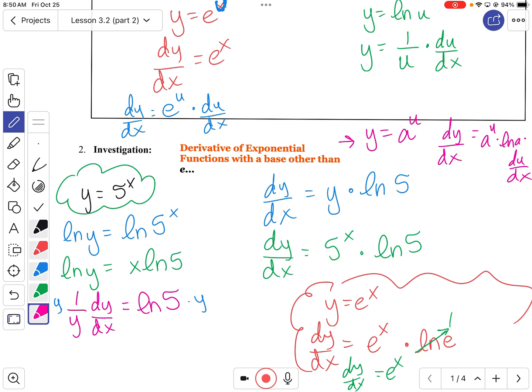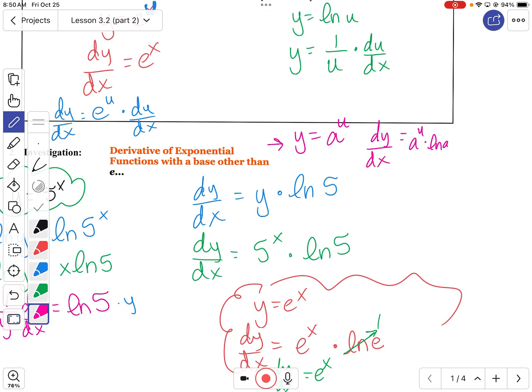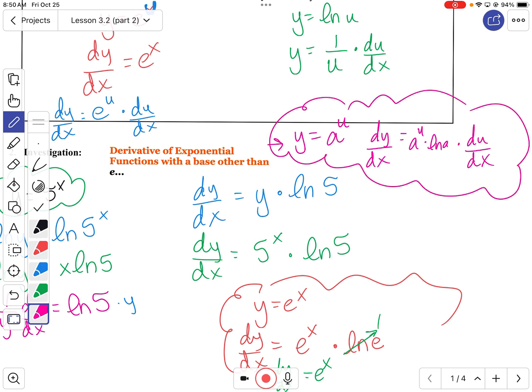Okay. Times du/dx. All right. So that's your derivative formula for any base exponential function.